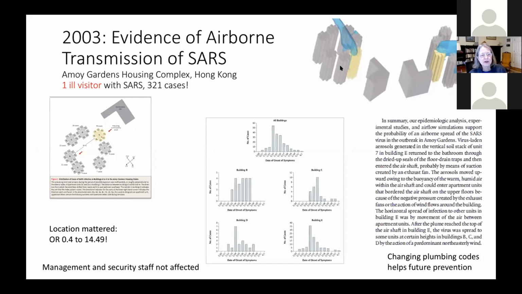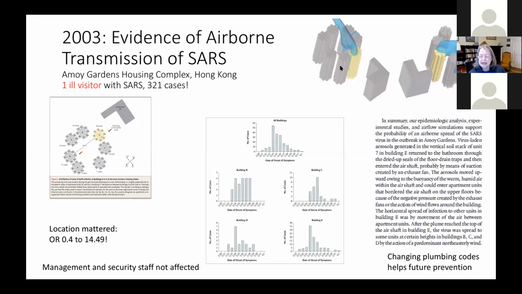And here are these other buildings, B, C, and D. And you can see here that in building E, 321 people became ill from a single ill visitor with SARS. And this building, which is where the individual was, had at the peak 35 cases in one day, whereas this place, which was not proximate to it, had only perhaps 4 cases.